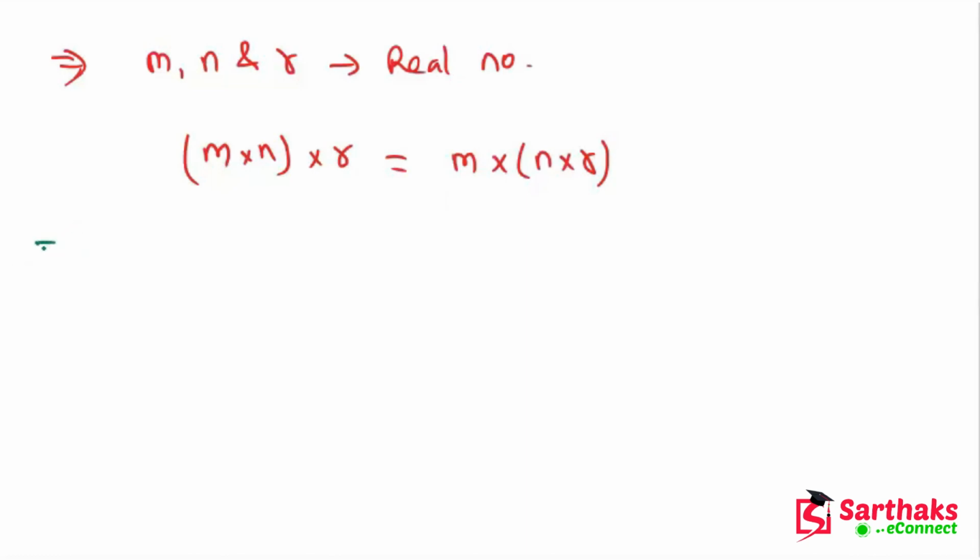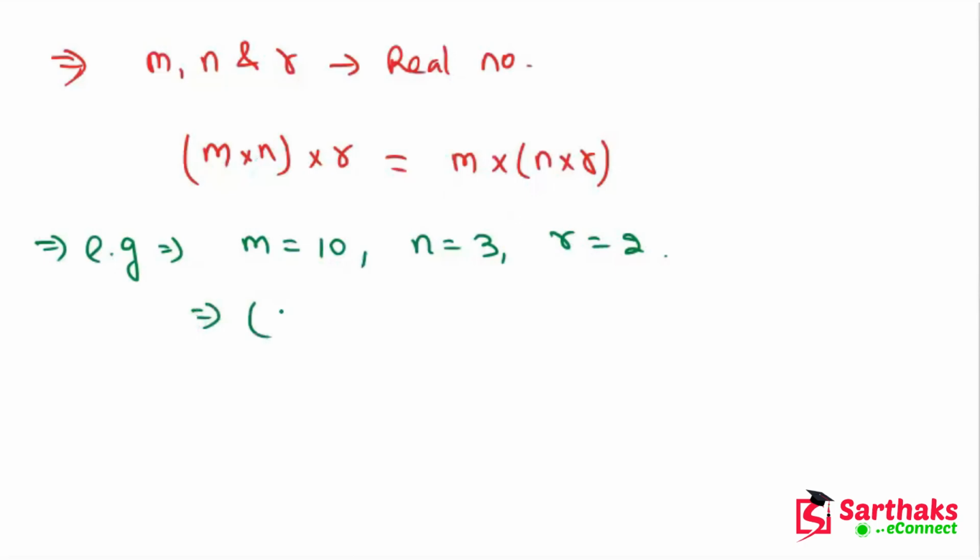Let's see the example. Let's suppose m is equal to 10, n is equal to 3 and r is equal to 2. Put all these values in this.